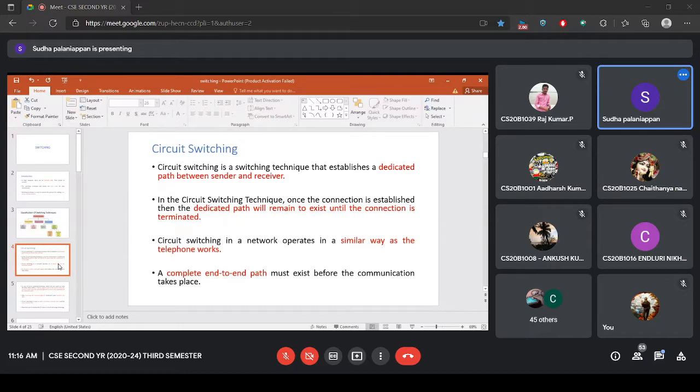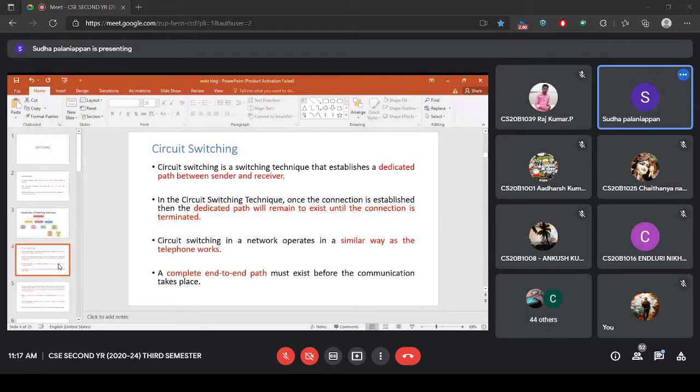Once we start talking until we finish, there will be a dedicated connection. When you make a phone call to your friend, some dedicated link is provided for making the call to the other end person.